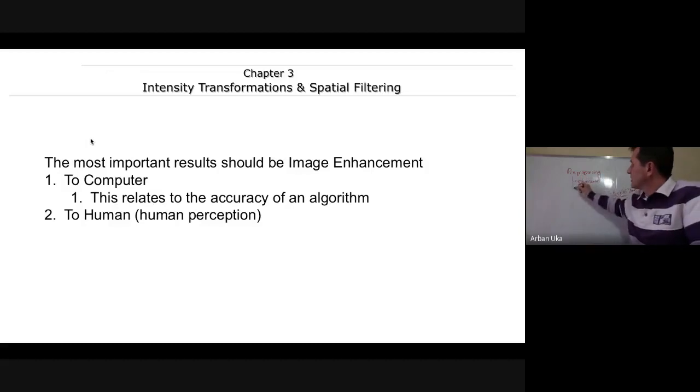Other important aspects that need to be done are background removal. Also, we can consider illumination equalizing. We want to obtain equal illumination.